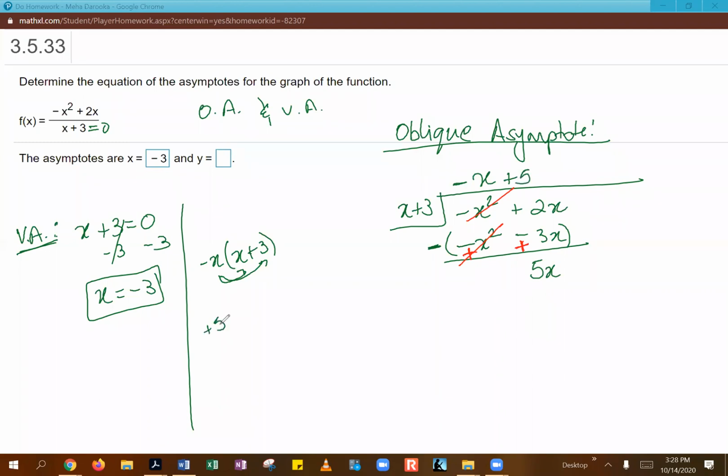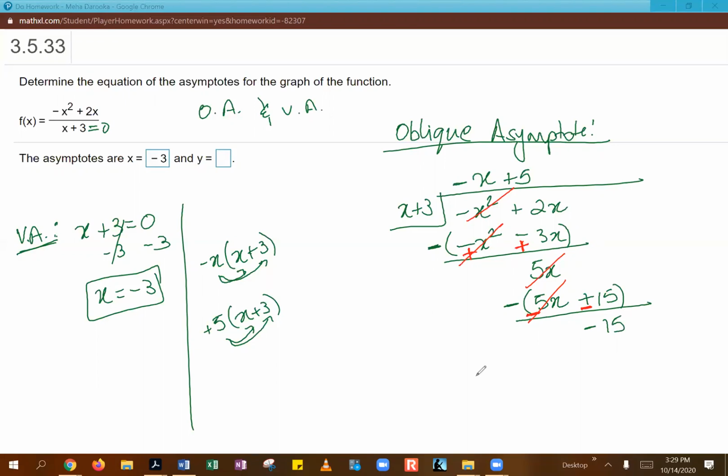So we're taking that positive 5 and again multiplying it with our divisor. 5 times x is 5x. 5 times 3 is 15. Again, we'll end up subtracting this. So we will have negative 5x here, negative 15 here, positive 5x and negative 5x will cancel out, and we'll get a remainder of negative 15.